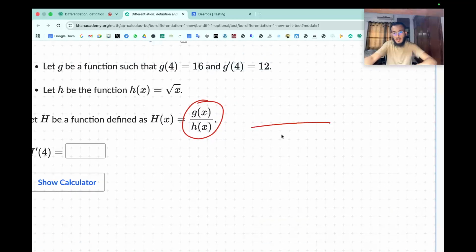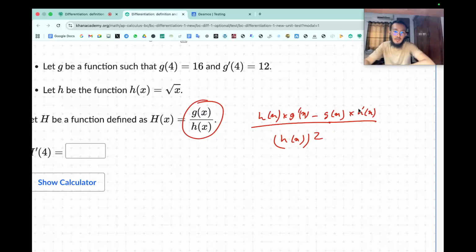So it's h(x) squared, with h(x) times the differentiation of g, which is g'(x), minus g(x) times the differentiation of h(x), which is h'(x), over h(x) squared.